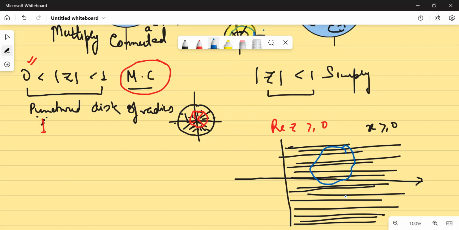Take any closed curve here. Every closed curve will shrink into the region real part of z greater than 0. Mind you, when you are making a closed curve, you should not go out of the region. I'm talking right now inside the region only. That is, any closed curve I make has to be inside the region R only.